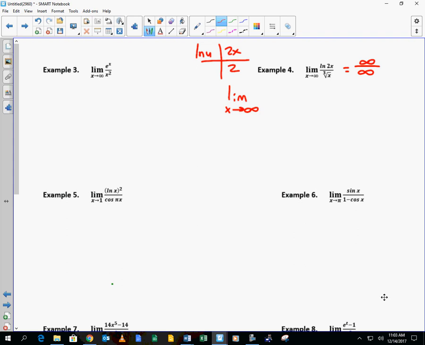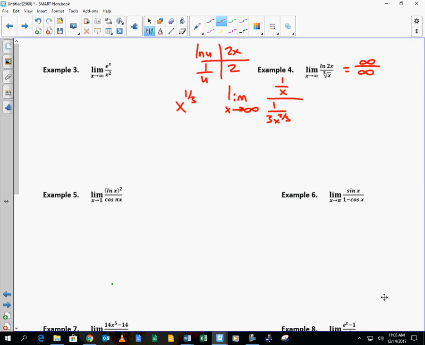Derivative of natural log of u, 2 over 2x, so I get 1 over x in the numerator. And then the denominator, I have x to the 1/3. What's the derivative of x to the 1/3? Yep.